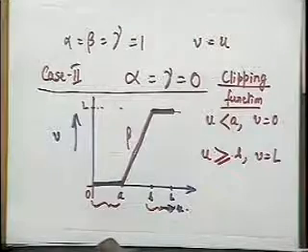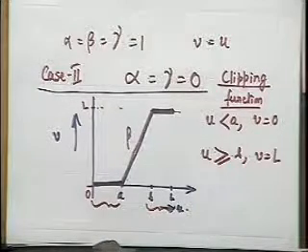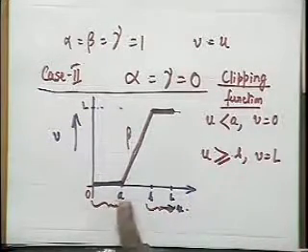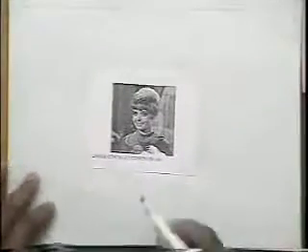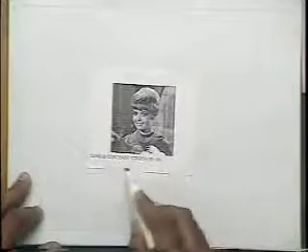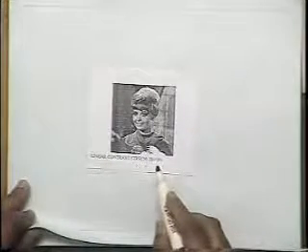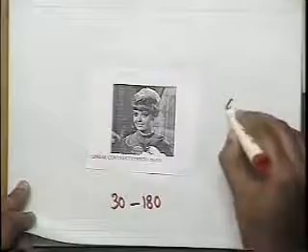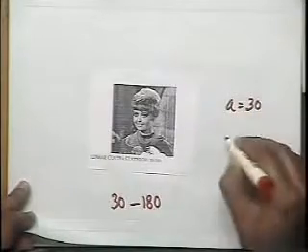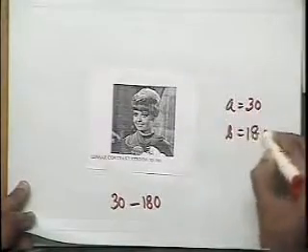Now from the original image we applied such a linear contrast stretch, and we got this image. This is a result of a linear contrast stretching in the range of 30 to 180. That means our A was equal to 30 and B was equal to 180.